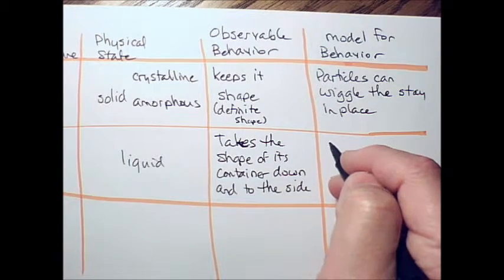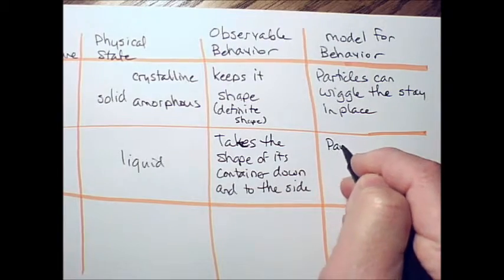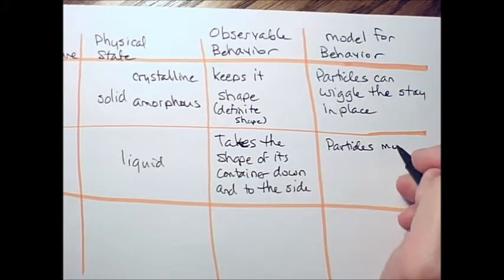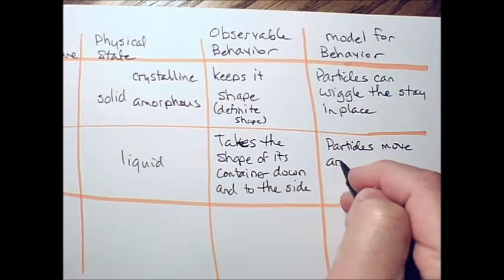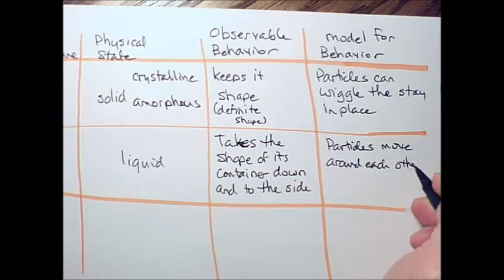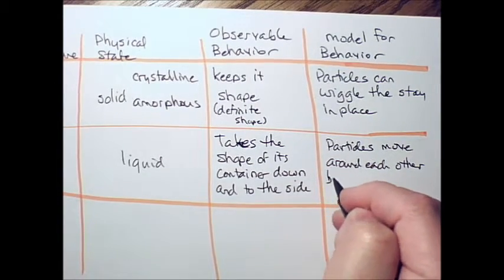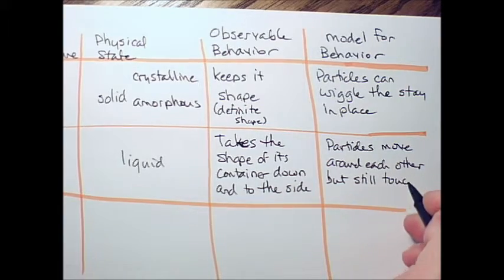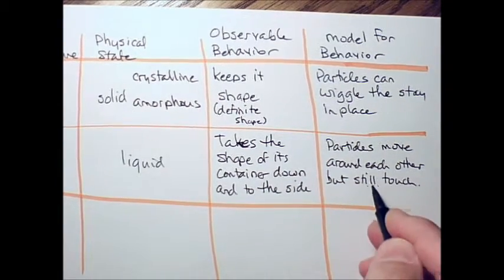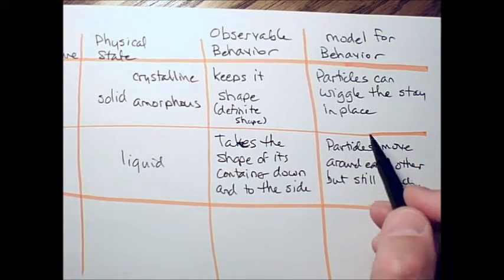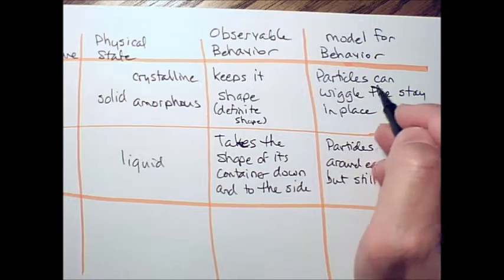So the structural particles move around each other but still touch. And when I say still touch, that means that the solid particles also are touching. So solid particles wiggle but stay in place.